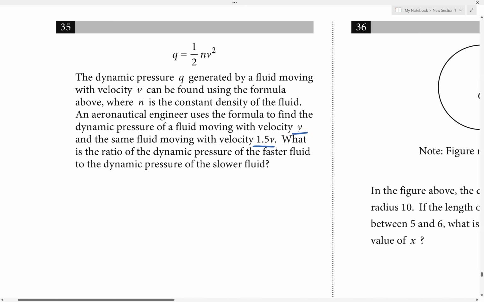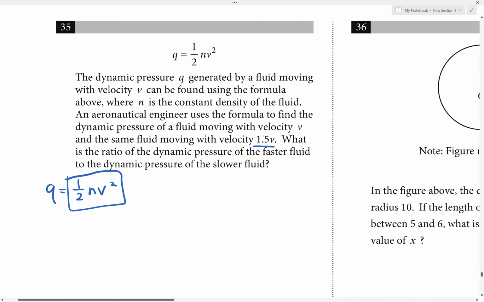If we're just using v here, the original formula is Q equals 1/2 mv squared. If v is just the regular v, then Q equals 1/2 mv squared.